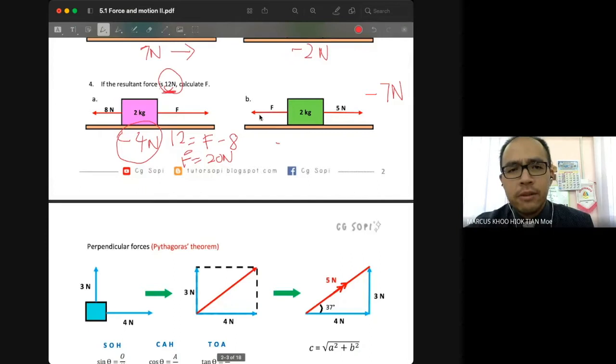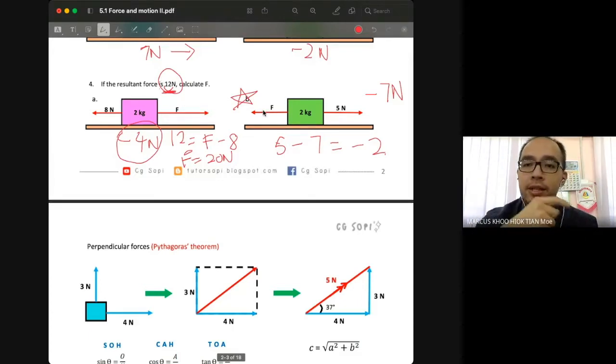But actually if you think about it, kalau sini negative 7, 5 minus 7 is only negative 2 bah. So this is slightly tricky lah. We have to assume that the 12 newtons is to the left, because there's no way that it can be to the right lah. Susah kita mau to the right, sebab ke kanan kan hanya 5 newton sahaja.